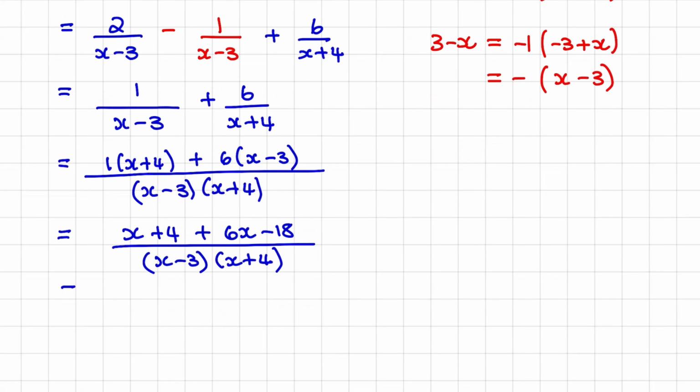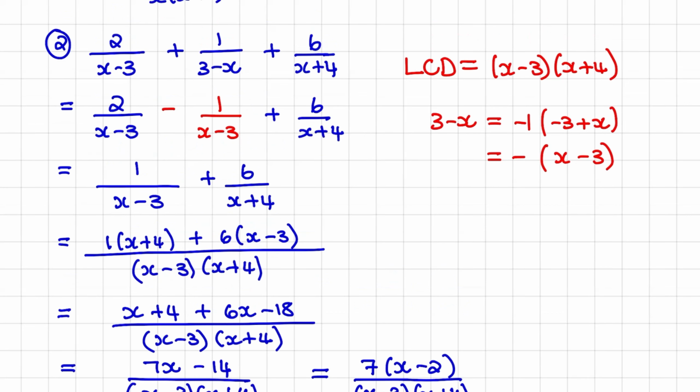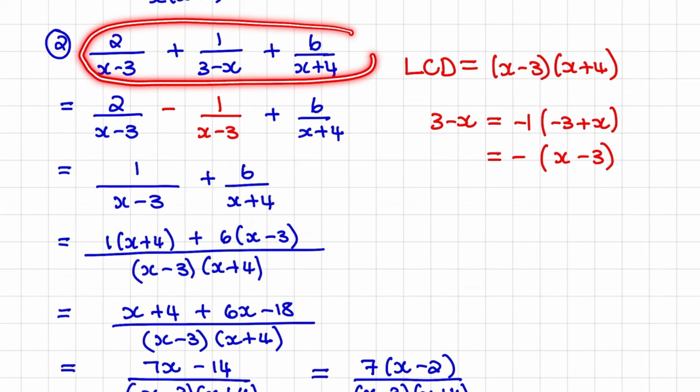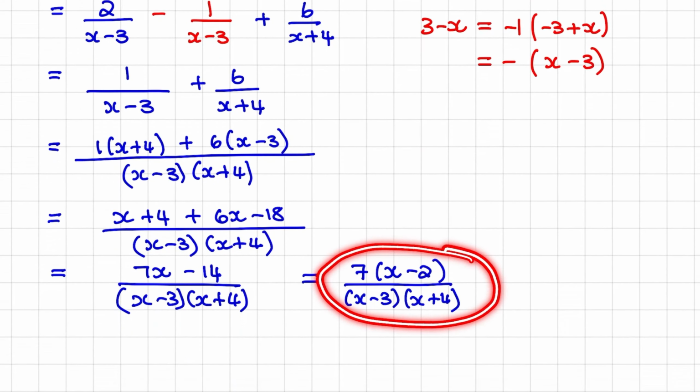And if I add up like terms, I have 7x minus 14 over x minus 3 times x plus 4. You can also take out the highest common factor in the numerator. So it'll be 7 times x minus 2 over x minus 3 times x plus 4. Now I have simplified the original three terms as one single fraction in its simplest form.